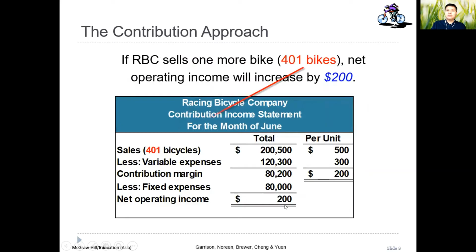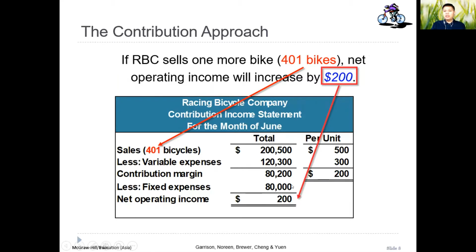All right? Now, if you increase your sales to 401 bicycles, so it increases now, no? Like 401 times 500, this is now 200,500. The variable expense follows. So 401 times 300, this is 120,300. If you deduct, you get here 80,200.